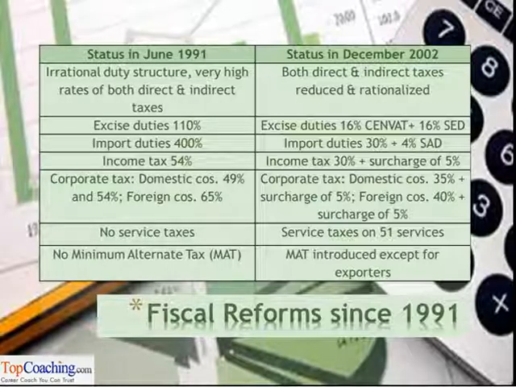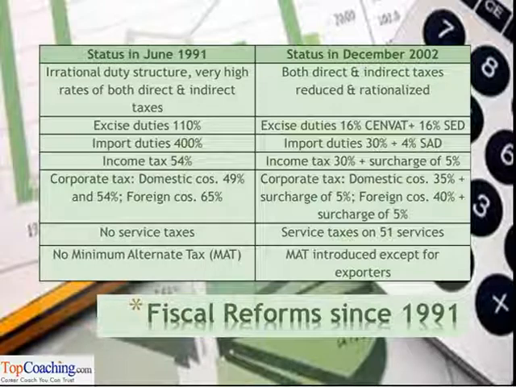Whereas in December 2002, both the direct as well as indirect taxes have been reduced and rationalized. In June 1991, the excise duties were 110%, whereas in December 2002, the excise duties were 16% CENVAT, that is Central Value Added Tax, plus 16% SCT, that is Special Excise Duty.